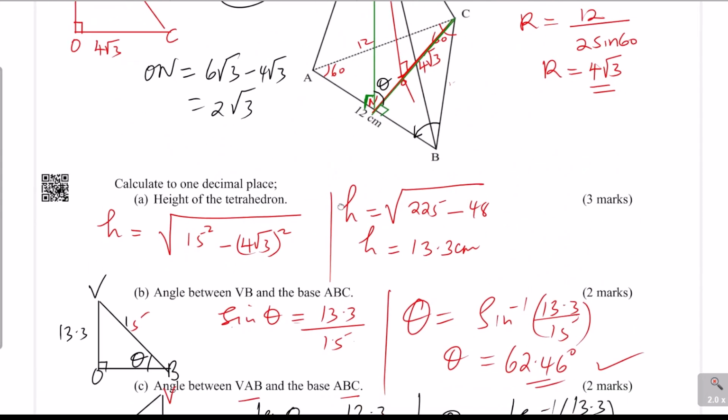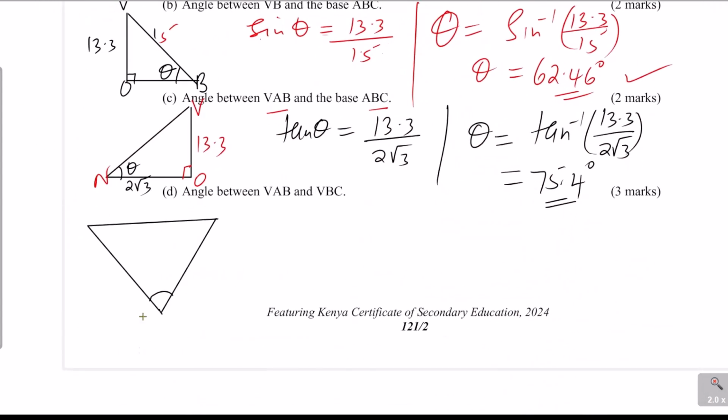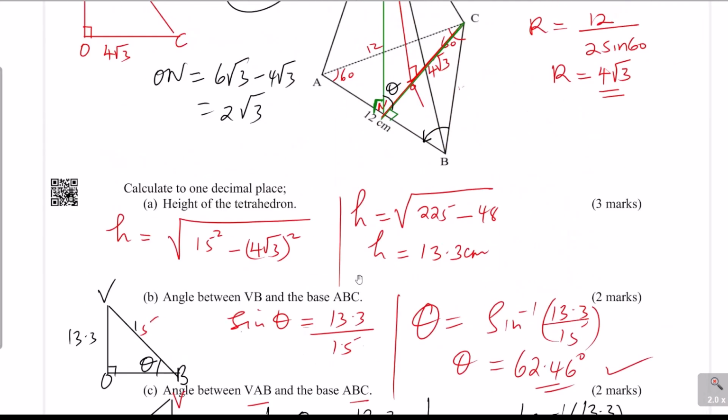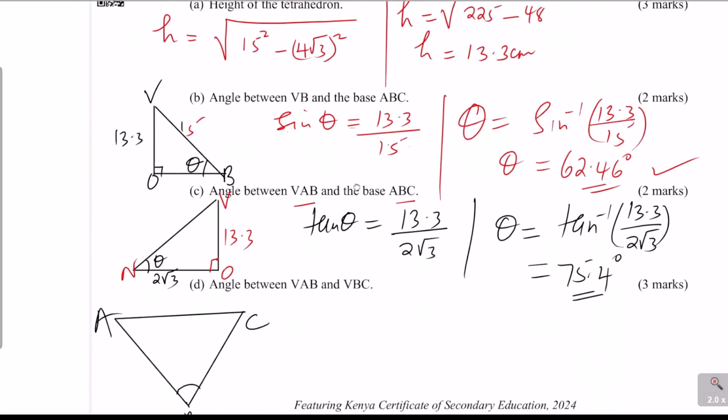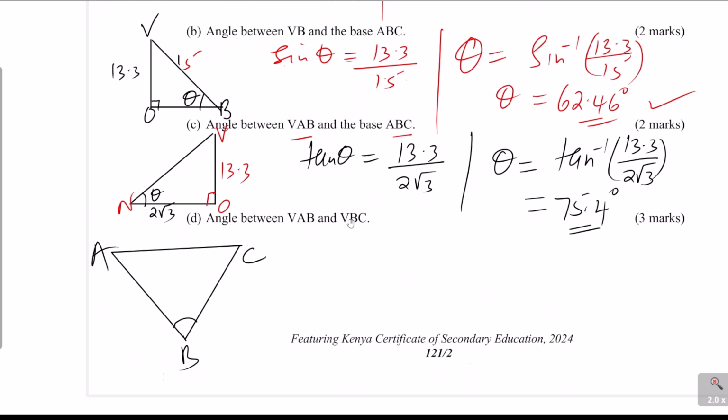So here's the BAC. So look at the base, I've extracted them. The angle I need is this, and remember this is 12. So this is 12, this is 12. So I can draw a perpendicular bisector there, and these will be 6, these will be 6. So I need this angle. Once I get that angle, I just multiply it by 2.